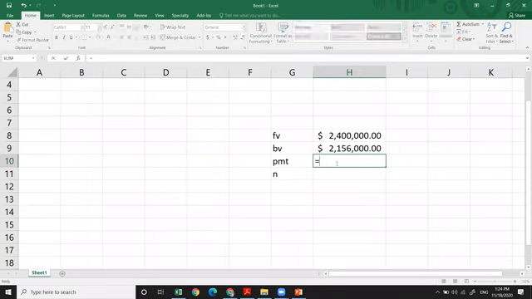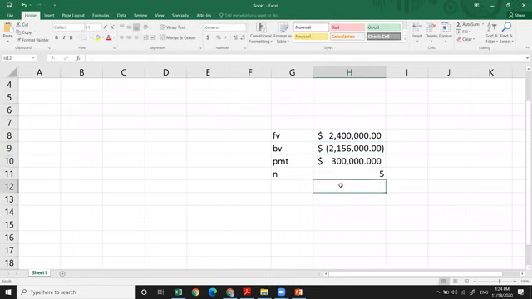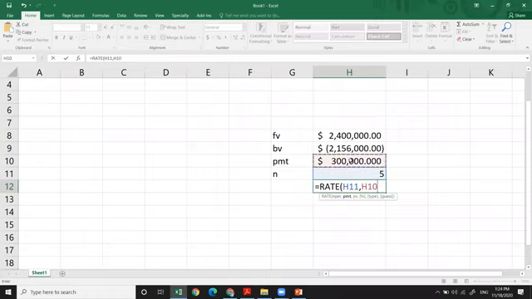The payment is 12.5% times face value, and the number of periods is 5. Now you just need to calculate the rate. It's a straightforward calculation, but before calculating the rate in the Excel function, you should always keep the negative sign on the bond value. It's just an Excel issue, calculating the rate with the future and present value. You can use a financial calculator as you wish. So the number of periods is 5, the payment is 300,000, the present value is this one and the face value is this one. That's it, and we just press enter.